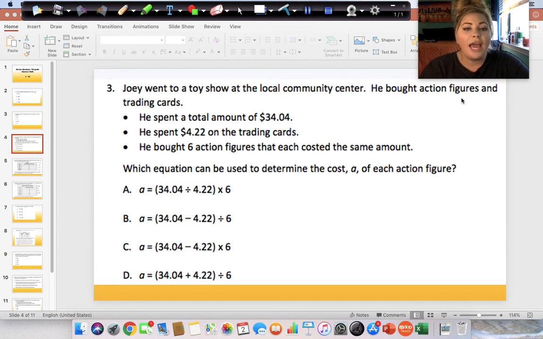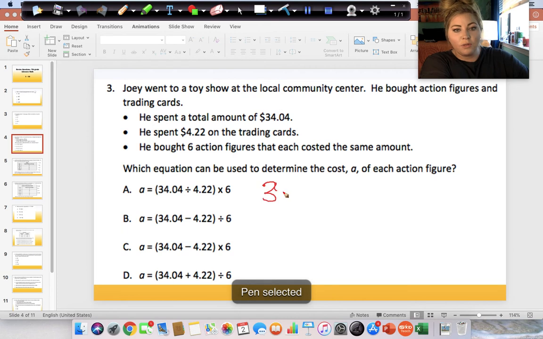Which equation can be used to determine the cost A of each action figure? Okay, so really, he spent a total amount, the total was $34.04. And of that $34.04, he bought the $4.22.